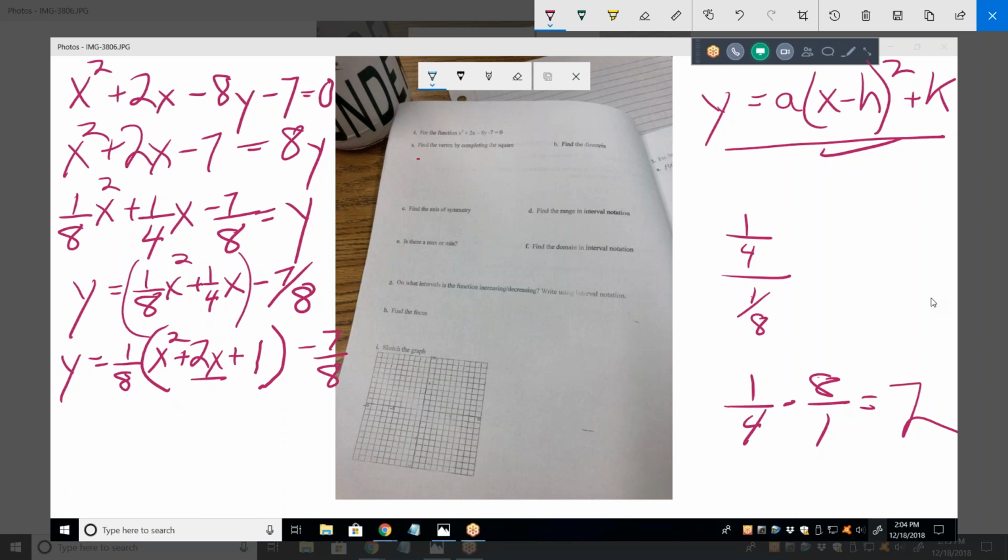Okay? Now, I can't just arbitrarily add numbers like I did. I've changed it. The bottom line is no longer the same as the top line. I added a number to the right side of the equation when I wrote a 1 in there. But how much did I really add to the right side of the equation? Because I can balance it out by subtracting that same number and combining it with that minus 7/8.